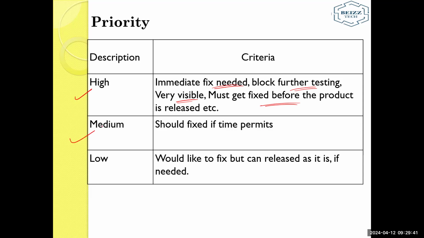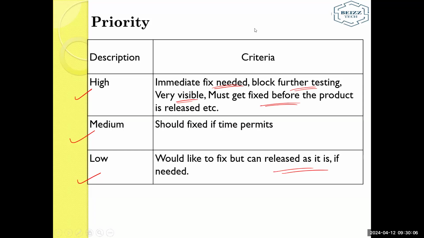We are going to fix it, but with some waiting time. So maybe not today, tomorrow we are going to fix it, but definitely we are going to fix that defect. Low priority means we would like to fix it, but even as it is, we can release it. So this is how we have different levels for a particular defect.